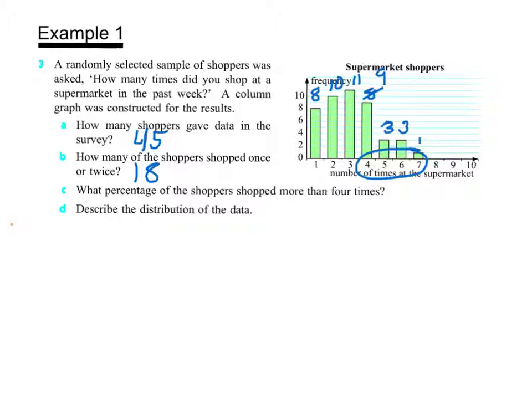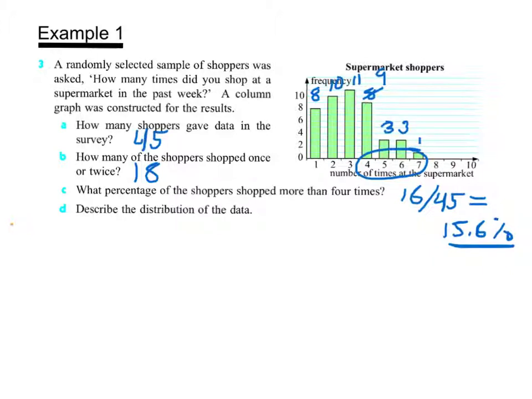And when we do that, we see that we have 16 shoppers. But we have 16 out of 45, and we're being asked what percentage, so we divide 16 by 45 and multiply by 100, and we get 15.6% of the shoppers.